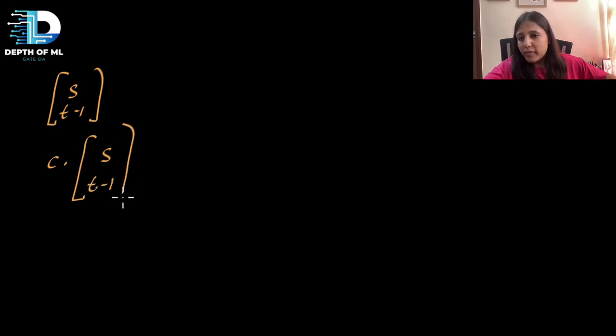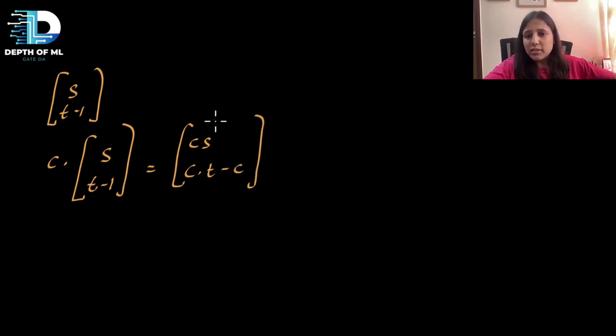Now I am going to check whether this is closed under multiplication or not. So I'll take this vector (S, T minus 1). Now if I multiply by C, any C from the real number line, what will I get? I'll get (C times S, C times T minus C). Now again, this is real because a real number times a real number is a real number, and minus a real number is a real number, right?